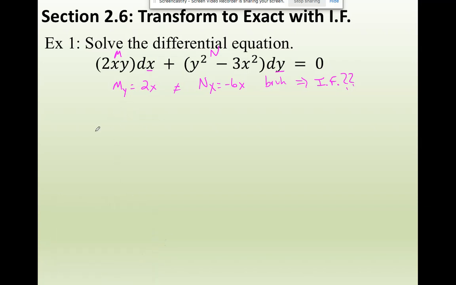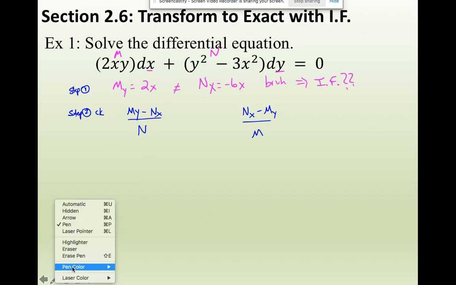So if so, I have to check the ratios. That's step one. So I'm going to check both of those. And what did I get here?